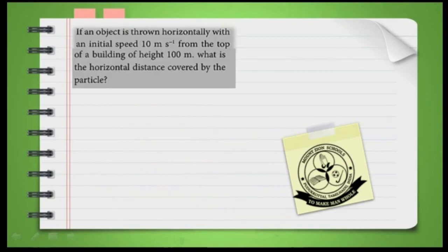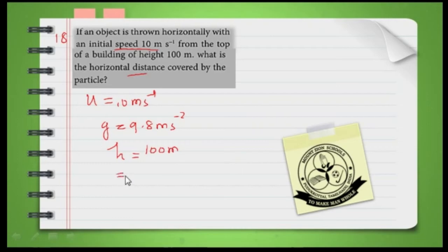Okay. Now coming to the next problem, that is problem number 18. Given that in the problem, initial speed u is 10 meter per second and g is 9.8 meter per second square and the height of the building is 100 meter. Read the problems. Then we need to find out what is the horizontal distance.